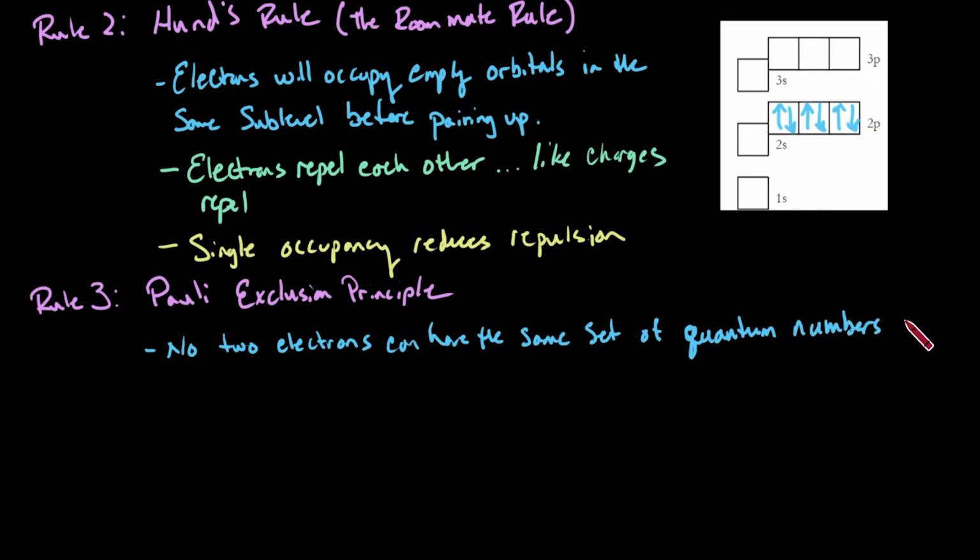Huh? What is a quantum number? I'm not expecting you to know this by name of quantum number. This is the technical version. I want you guys to think of this as an address.